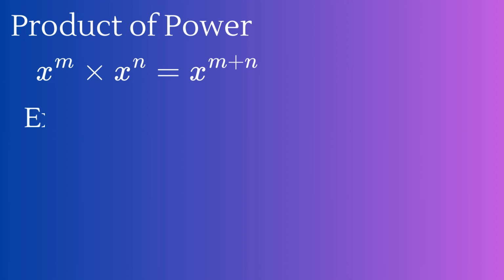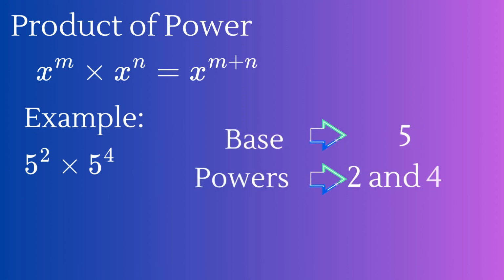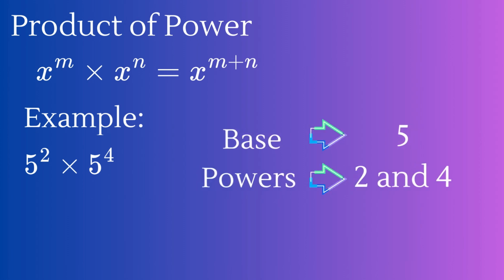For example, if we have 5 squared multiplied by 5 raised to the power 4, as we have studied in our previous lecture, 5 is the base here and 2 and 4 are the indices or the powers. So according to this rule, we would add the powers while taking the base only once.